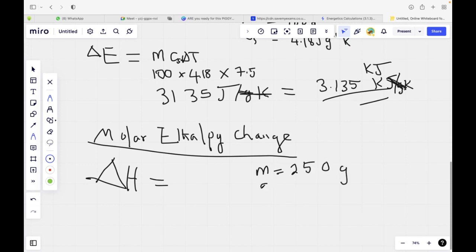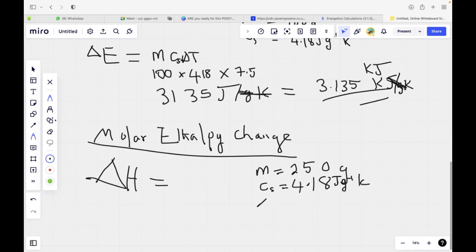The specific heat capacity was 4.18 joule per gram per Kelvin, that is, gram raised to power minus 1, Kelvin.